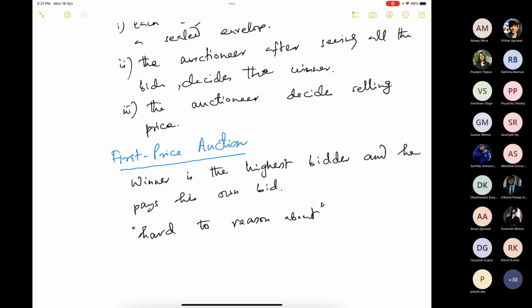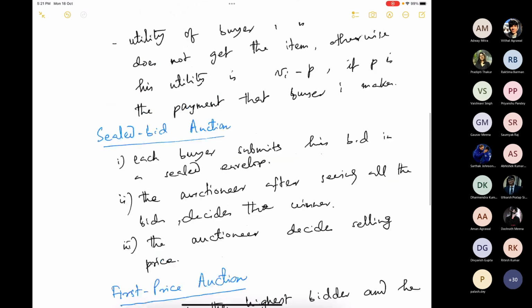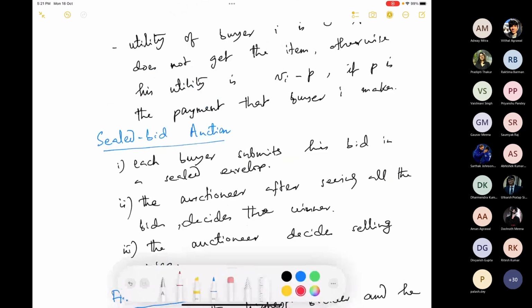Think of you being a buyer. You are strategic and intelligent. That means your goal in this auction is to maximize your payoff or your utility, which is v_i minus p.